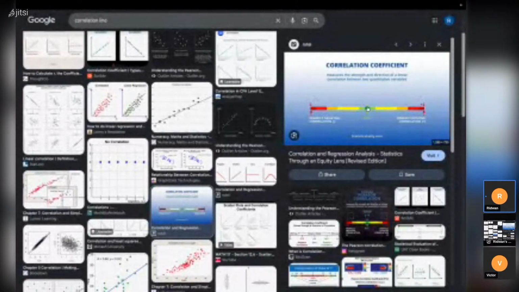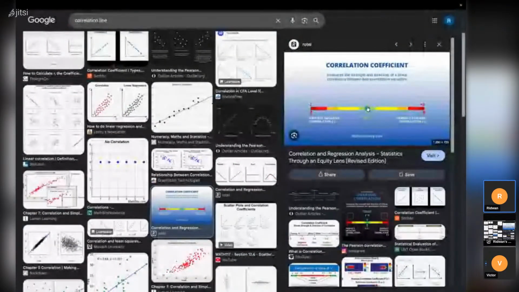So in terms of temperature and CO2, for positive, as temperature increases, CO2 is also going to increase. For negative, as temperature increases, CO2 will decrease.